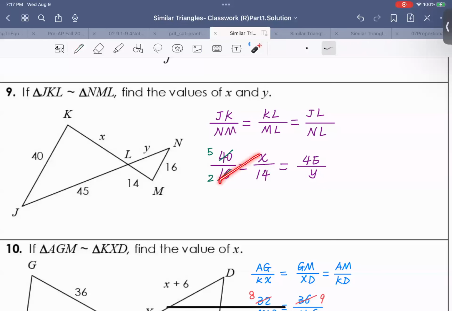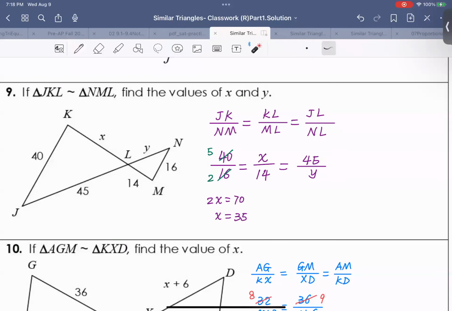And then you can do the cross multiplication. Let's go ahead. 70 equals 2 of x. So you have 2x equals 70, and x is 35.